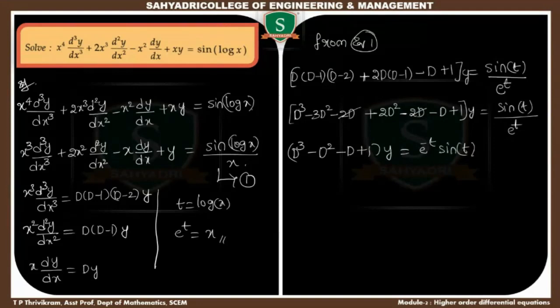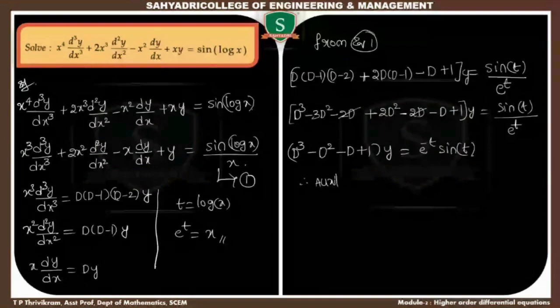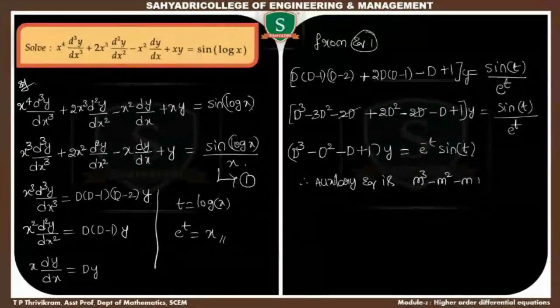So therefore auxiliary equation is m cube minus m square minus m plus 1 equal to 0. Do the synthetic division method.